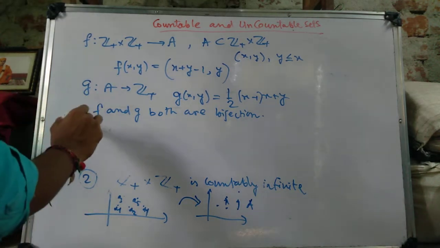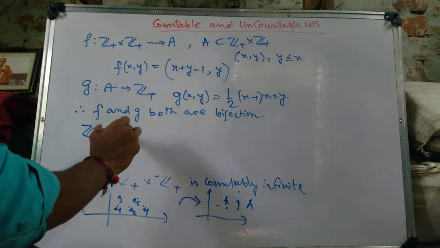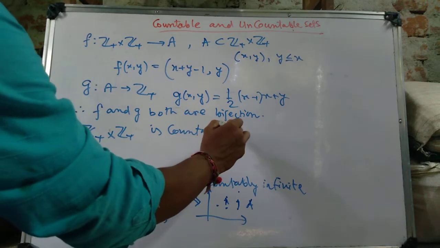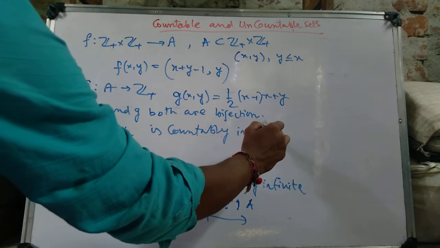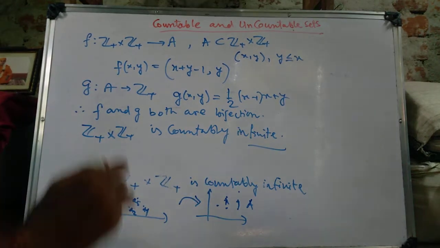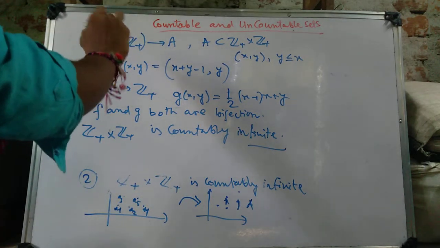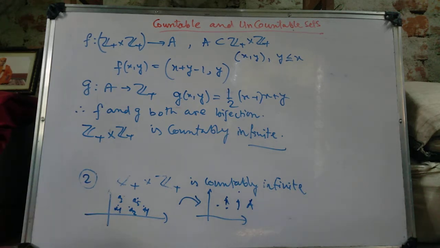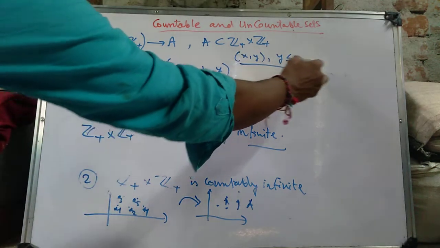Going to the conclusion, Z plus Cartesian product Z plus is countably infinite. Then we construct it in this way. First we define Z plus cross Z plus to A, a subset of Z plus Cartesian product Z plus, and define it in this way.